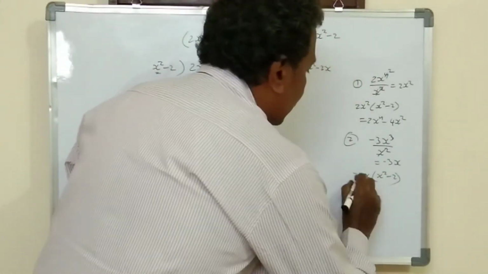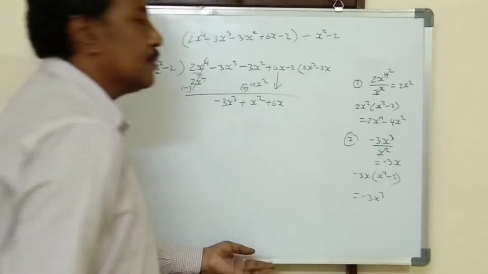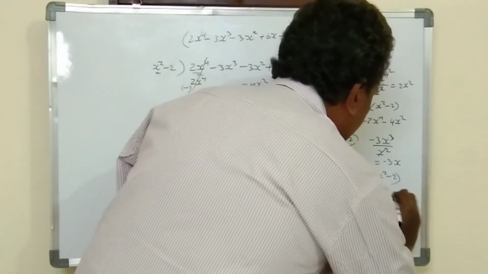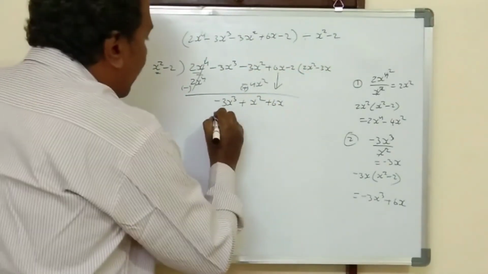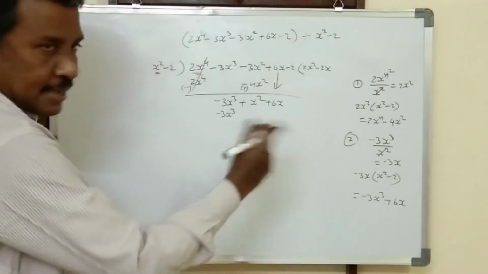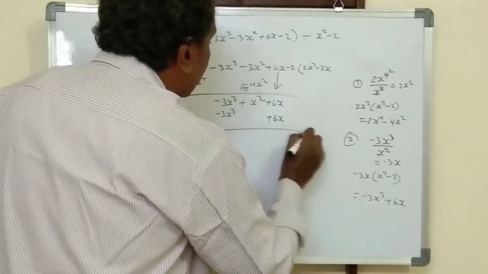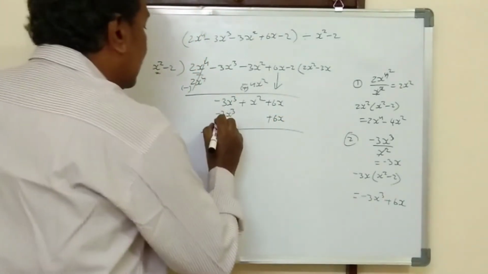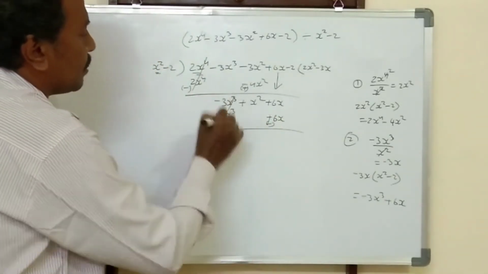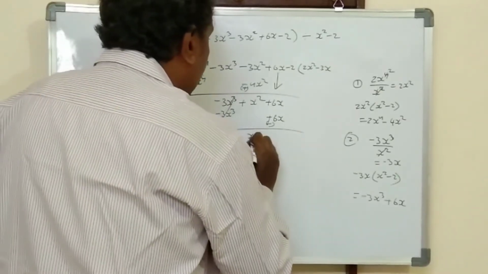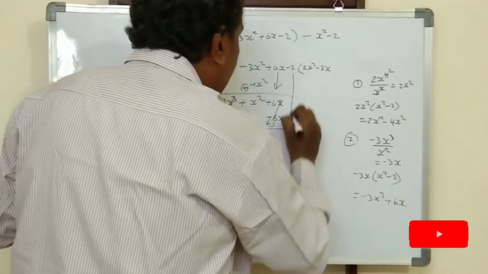Minus into plus, minus 3x cube; minus into minus plus, 3 twos are 6x. Minus 3x cube should be kept under the x cube term, and the x term under the x term, that becomes 6x. So this place will be vacant. Minus 3x cube plus 3x cube will be cancelled. So x square, minus 6x plus 6x cancels. So take down the next term, that becomes minus 2.